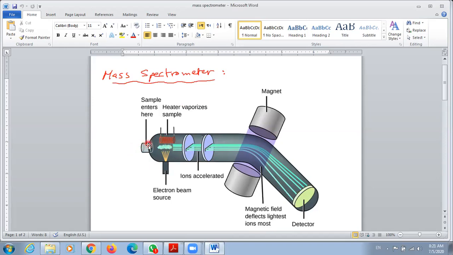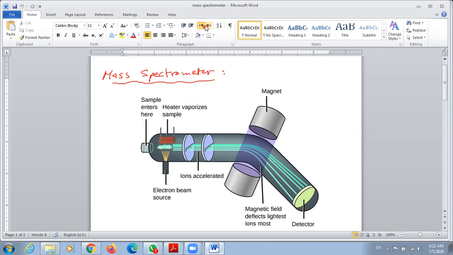It will change our sample from the liquid state to the vapor state. So we heat it electrically so that it transfers from the solid or the liquid state to the vapor state here.